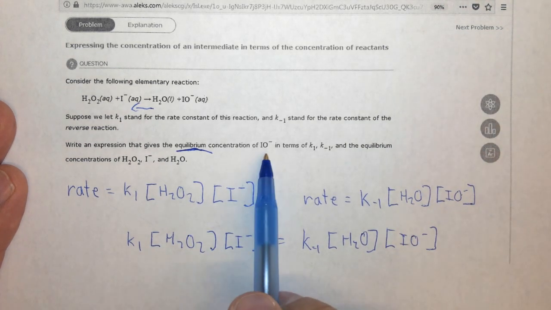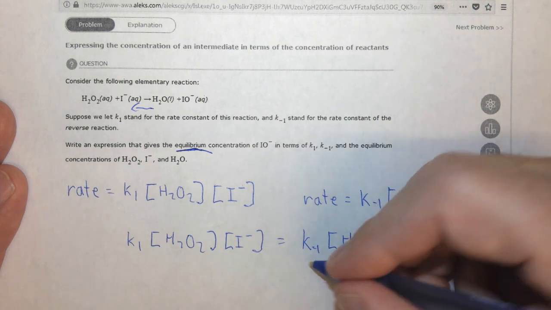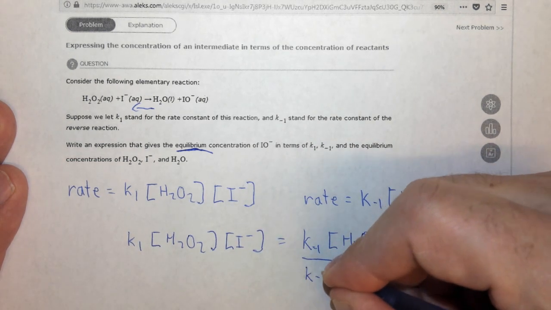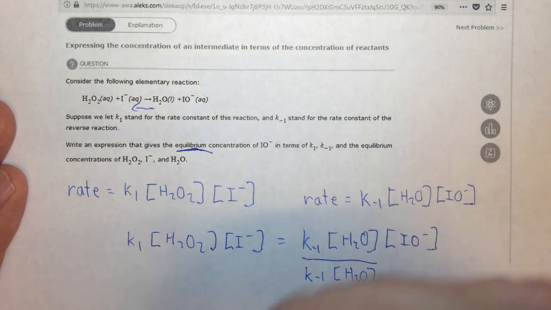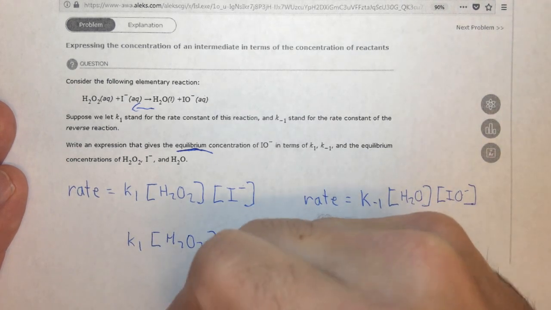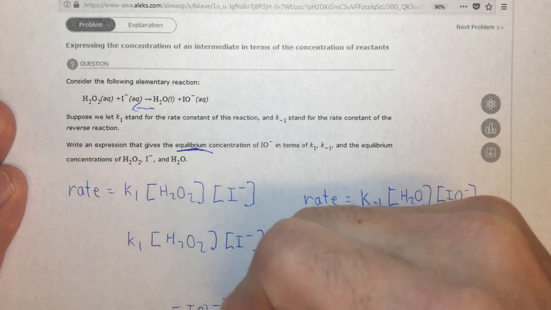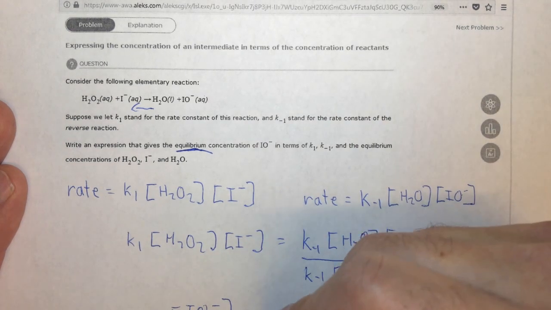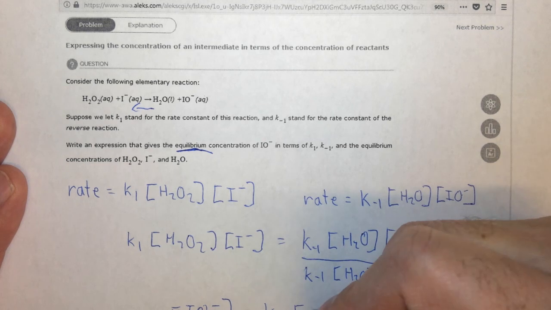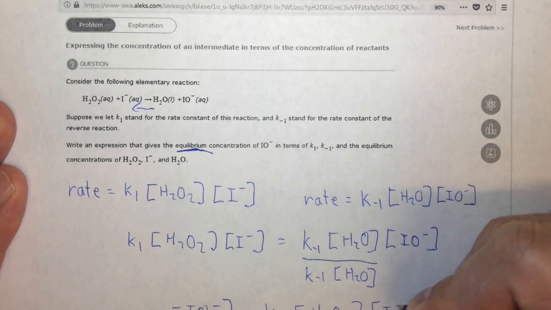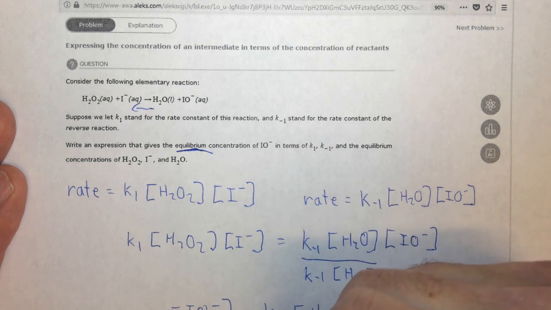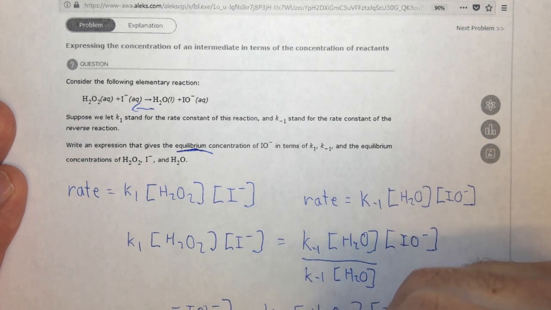Now it asks for us to solve in terms of IO minus, so we divide by K minus 1, concentration of H2O, and what we end up with is the concentration of IO minus equals K1, concentration H2O2, concentration I minus, divided by K minus 1, concentration of H2O.